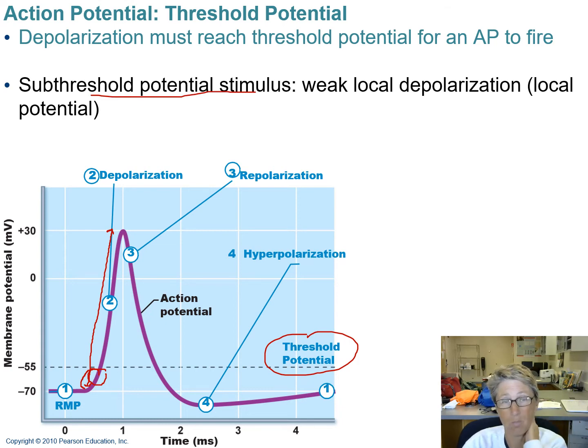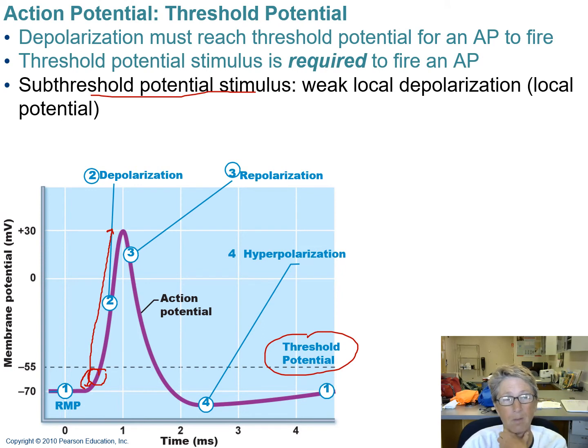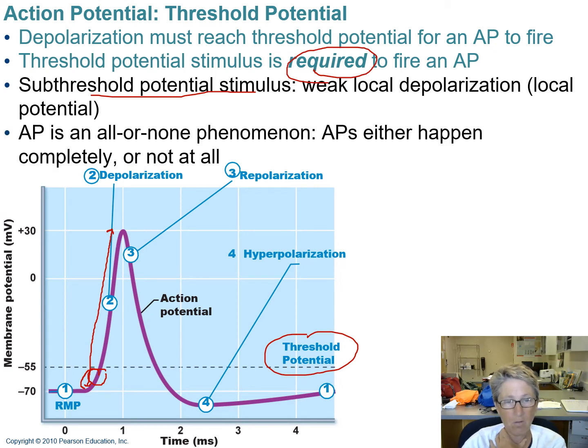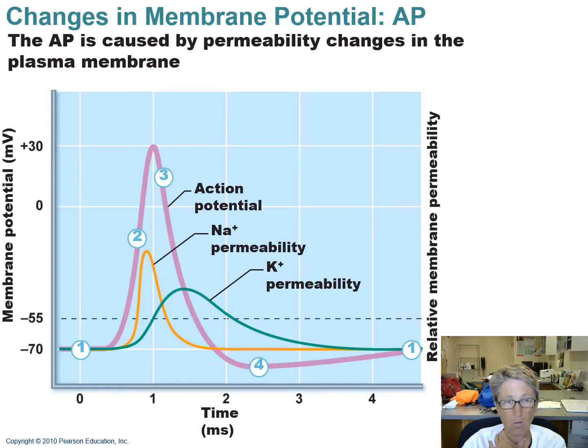It's not an action potential. If you want to fire an action potential, you are required to reach the threshold potential at -55 millivolts. Once you reach -55, a complete action potential fires. Action potentials are said to be all or none. So once you reach -55, you will fire an action potential.